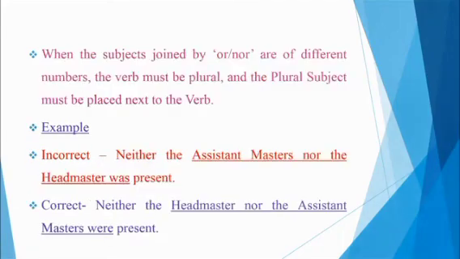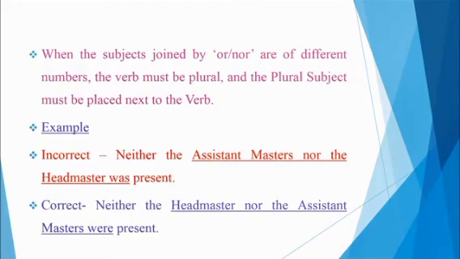The next rule is that when the subjects joined by or, nor are of different numbers, the verb must be plural and the plural subject must be placed next to the verb. Now look at the example. Neither the assistant masters nor the headmaster was present. Is that a correct sentence?